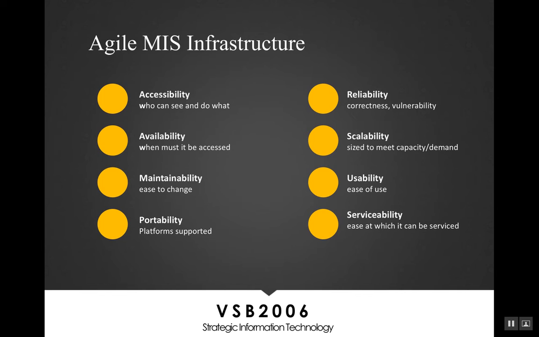We talk around this idea of an agile MIS infrastructure, around these different attributes: accessibility, availability, reliability. Traditionally, MIS infrastructure has not necessarily been the most flexible. As a matter of fact, up until about maybe 15 years ago, take mainframe environments: organizations would have one mainframe.